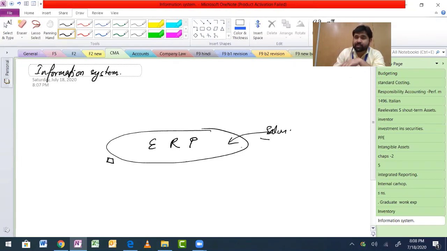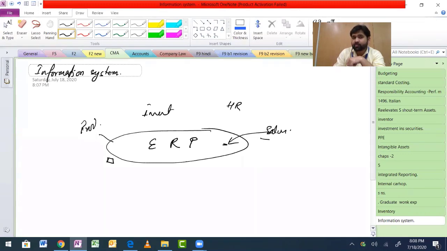Now that information is getting recorded in the ERP also, and the HR guy will have no access to this information, but the production department and the inventory department will have access to it.